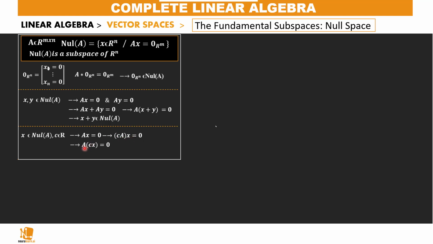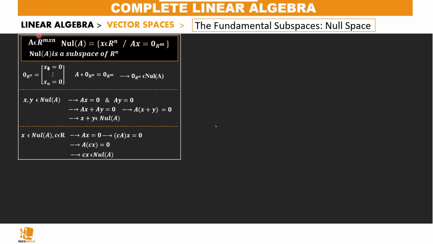This implies A times cx equals 0. And finally, based on this, we can conclude that cx is an element of the null space of A, because cx, when multiplied with A, gives the zero vector of Rm. With these three conditions verified, we can say that the null space of A is a subspace of Rn.